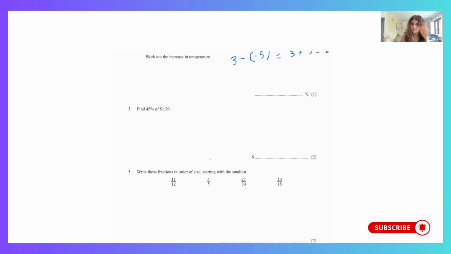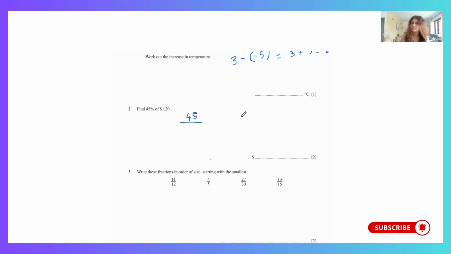So the second question is also from the lesson numbers, and it's from percentages. There they ask you to find 45% of $120. 45% of 120. Okay, if it is a percentage, 45%, I can write it as a fraction.